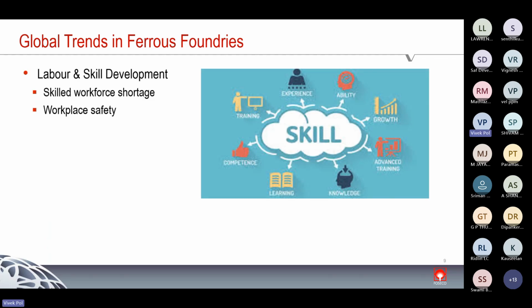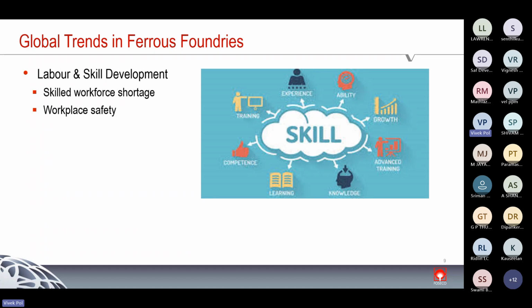Then getting skilled manpower is another challenge, and we all know that because of the IT field, good metallurgists and skilled people who want to work with foundries are diminishing. That's why automation is another part.